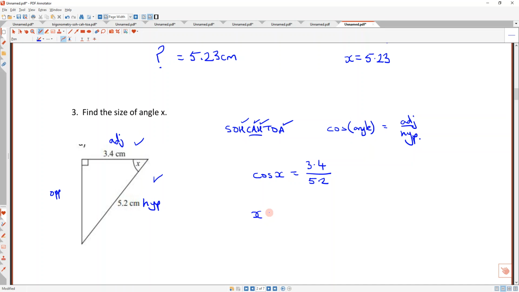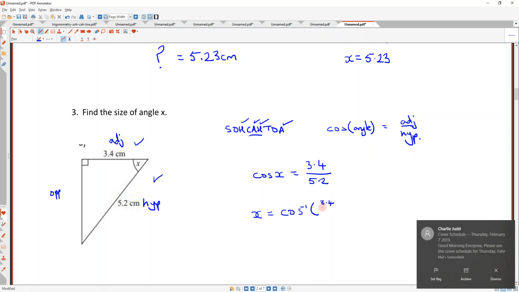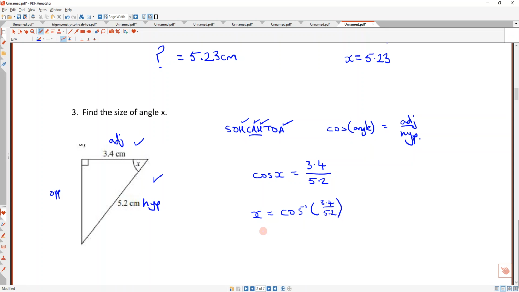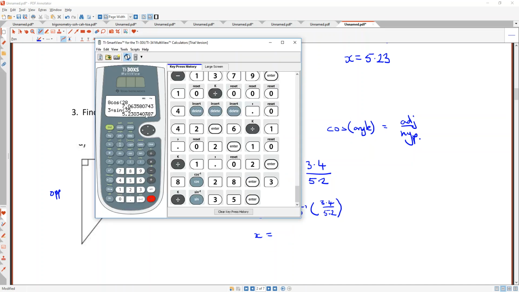So in order to get x by itself, I need to do inverse cos. Alright, so x is equal to, and I put this straight into my calculator exactly as it is.